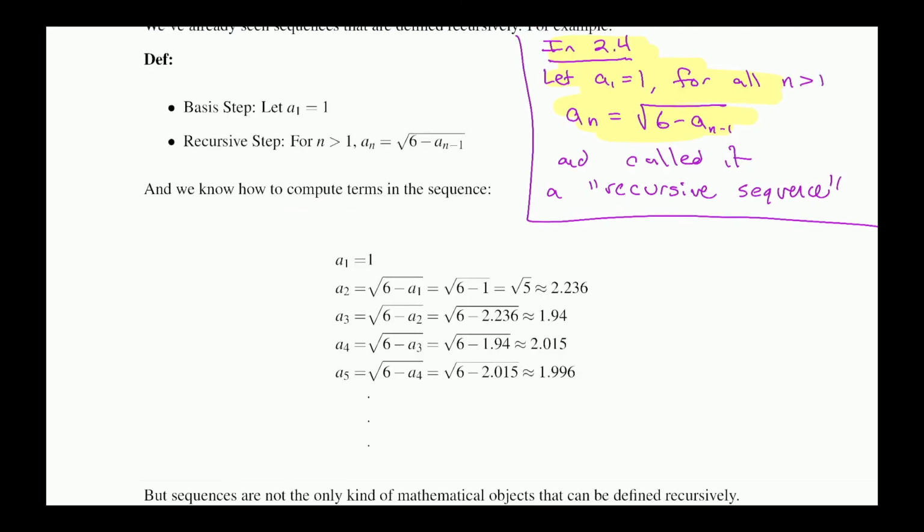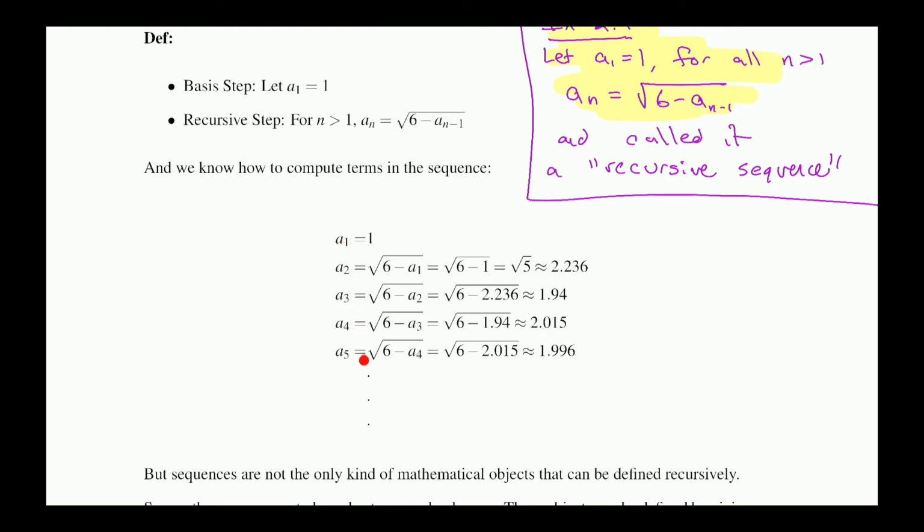And then the result is that you can calculate all of these a's, right? Like the first one is given, a1 is 1, because it says so. And then after that, for a2, a3, a4, in order to calculate a2, you need to know what a1 is. So you plug in the 1 for a1, and you get square root of 5.